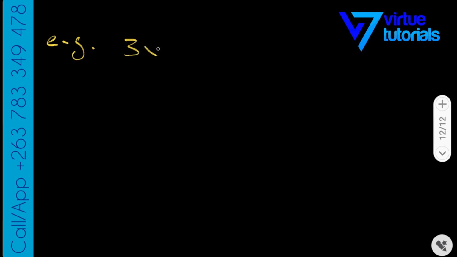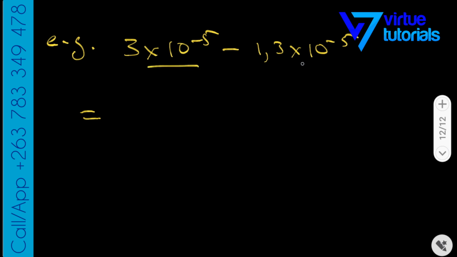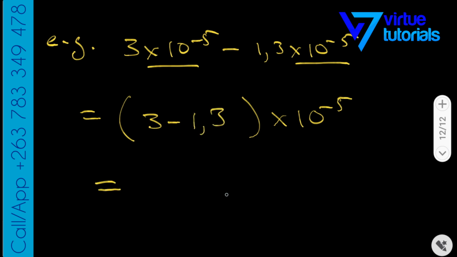If we have 3 times 10 to the power minus 5 minus 1.3 times 10 to the power minus 5, both of these are multiplied by 10 to the power minus 5. So we can simply factor out our 10 to the power minus 5 and have these subtracting directly. 3 minus 1.3, that's 1.7.